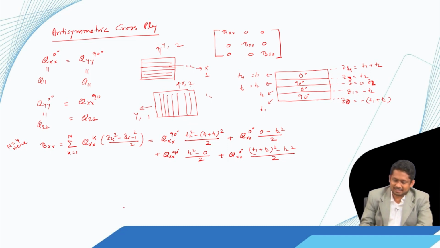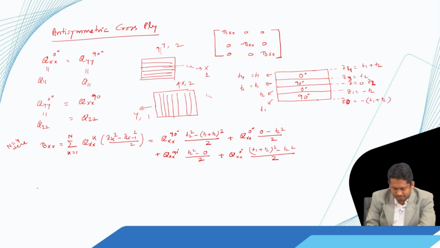So, in place of k we are just writing the corresponding fiber orientation angle. So, here instead of Q1 we have written Q90 degree, and similarly Q60 degree, Q0 degree, and so on.